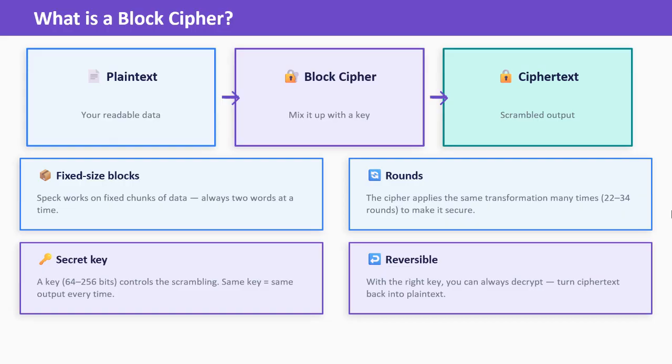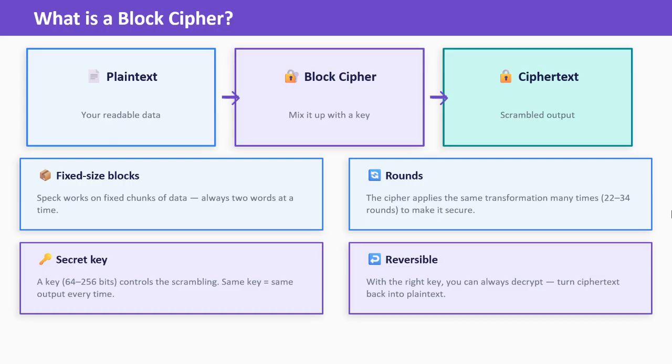It has two words, the key and what the key is accessing. A key can be 12, 24, 36, any divisibility by 12. A key controls the scrambling, and the same key gives the same output.